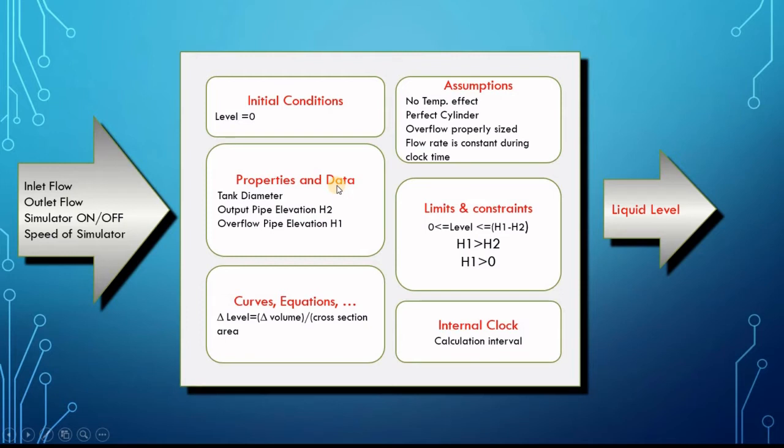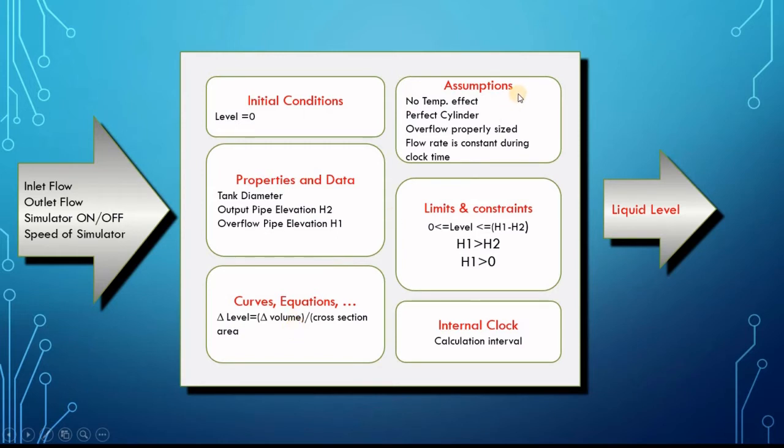The properties of your equipment, in our case here, are the tank diameter, the elevation of the outlet pump, the elevation of the overflow pump, and in the curves and equations, we have only one thing: the difference in the level equals the delta in volume divided by the cross-section in a certain time.